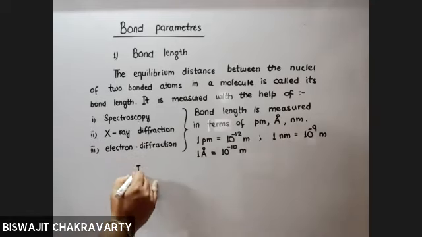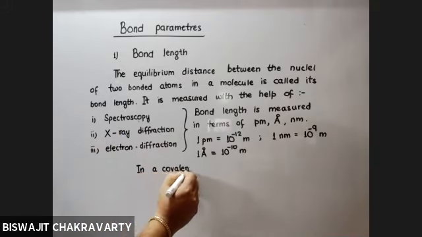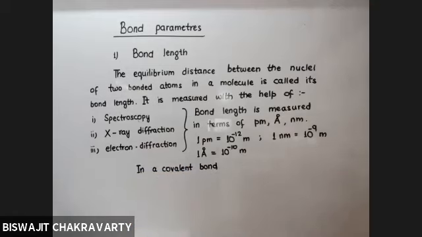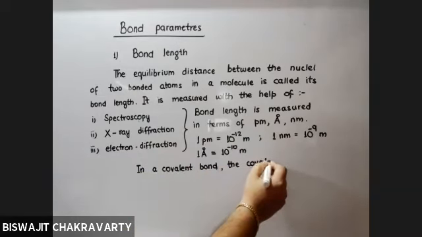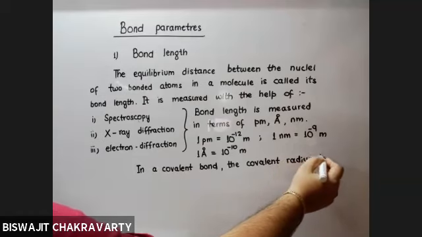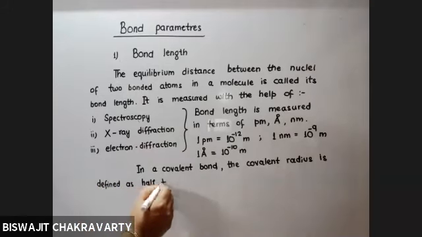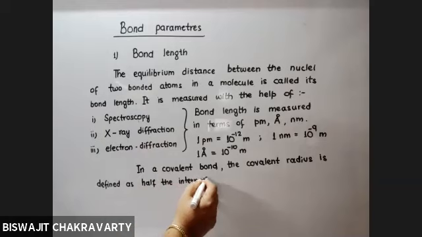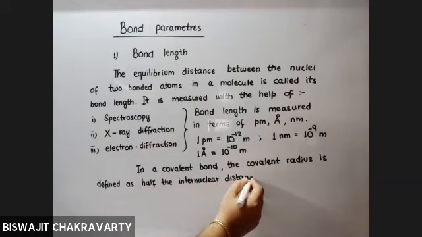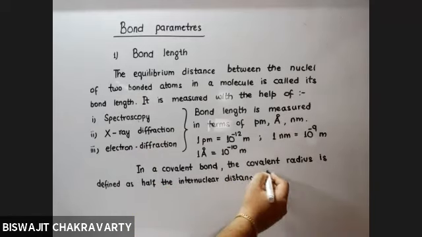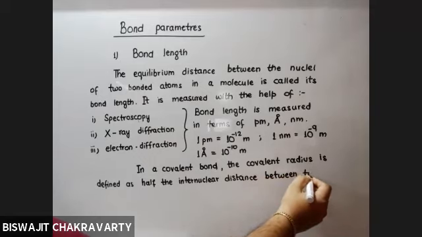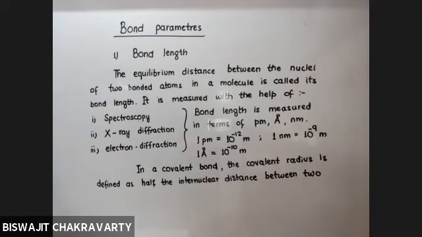Now, if the bonding between the two atoms is a covalent bond, the covalent radius is defined as half the internuclear distance between two similar atoms covalently bonded to each other.